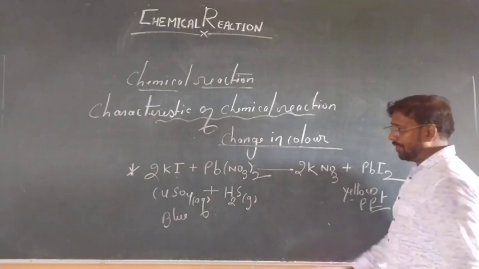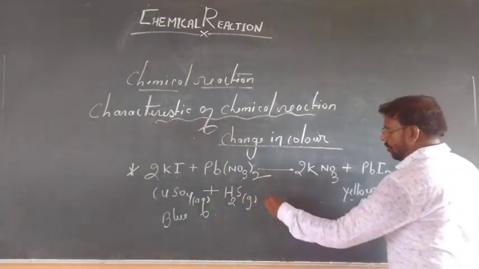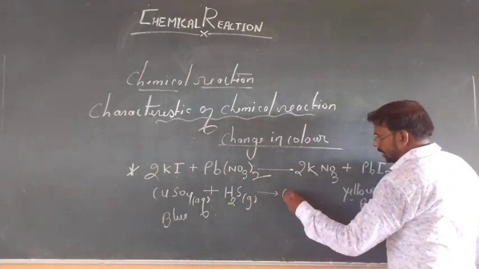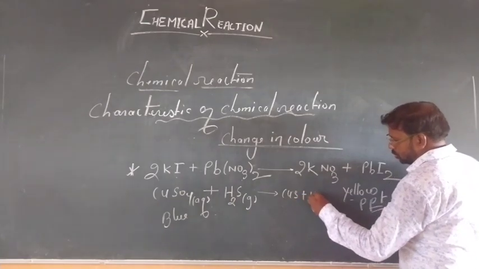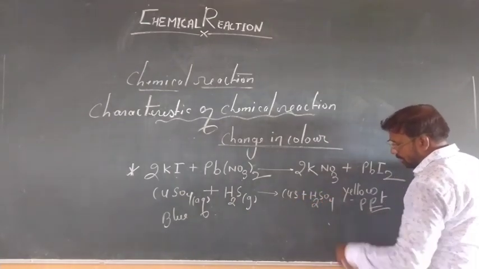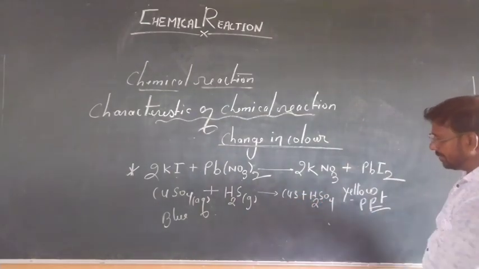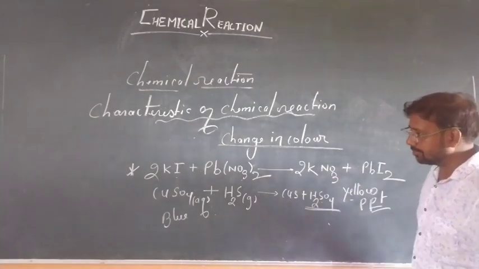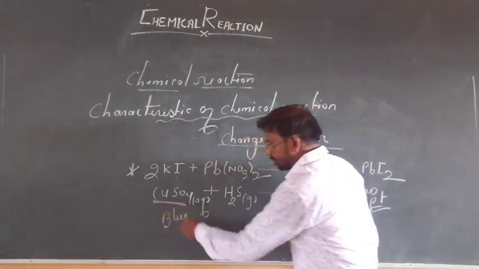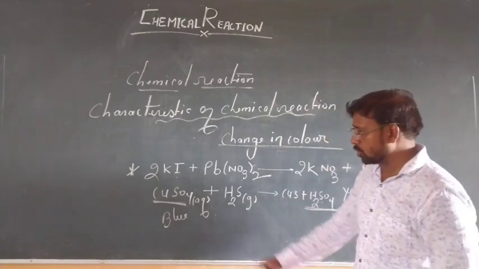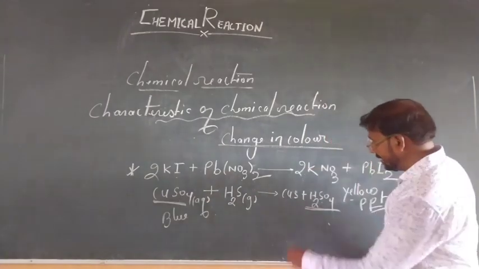When hydrogen sulfide gas is passed through it, what will form? CuS plus H2SO4. What is the name of that? Sulfuric acid. Copper sulfide. SO4 means sulfate. And it is black in color.